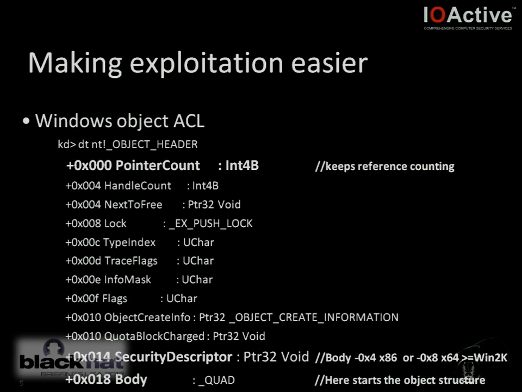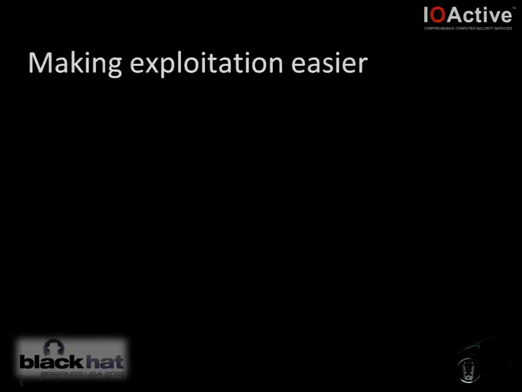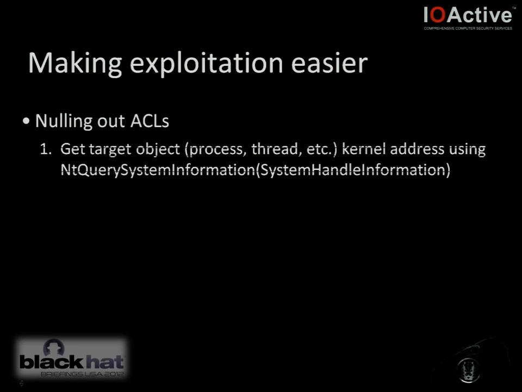That means that you will be able to inject code there, read the memory, dump the password hashes, etc. So it becomes very simple. You just need to know the address of this structure, which is easy. Like I said, with this API, NtQuerySystemInformation, we can get that address. So it's not a problem.